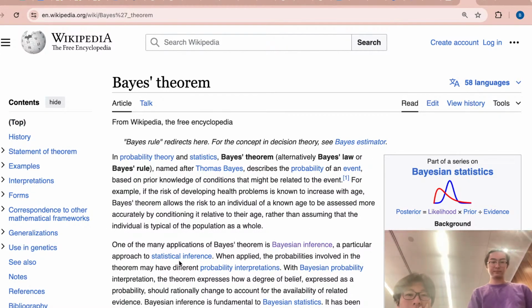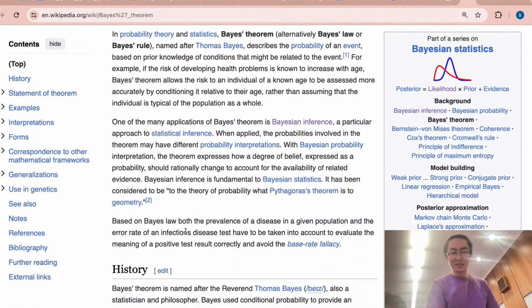The probability of an event based on prior knowledge of conditions that might be related to the event. Yeah, that makes sense, I guess. Wow. Pretty crazy.